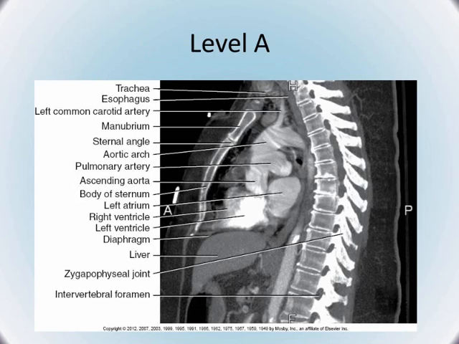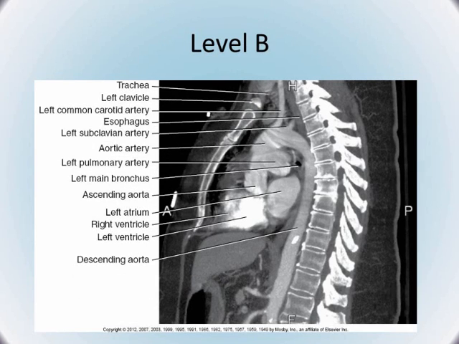So at level A, we're looking at the mid-sagittal plane with the trachea, the esophagus, the manubrium, the sternal angle, the aortic arch, the ascending aorta, the body of the sternum, the left atrium and the right ventricle, the left ventricle, the diaphragm, the liver, and the intervertebral foramen.